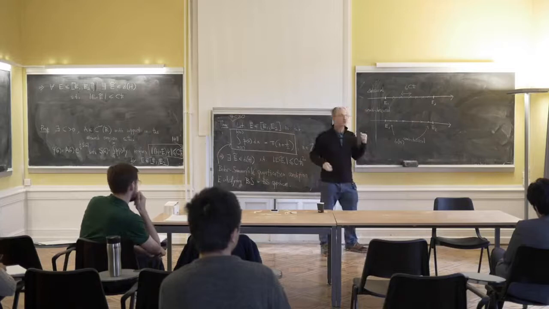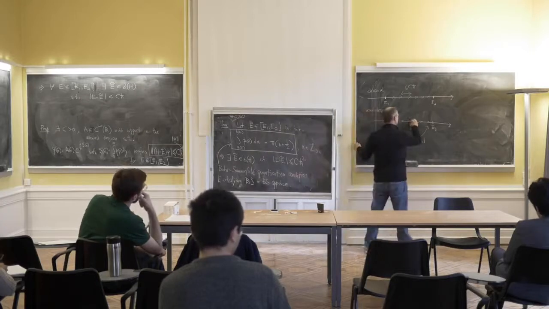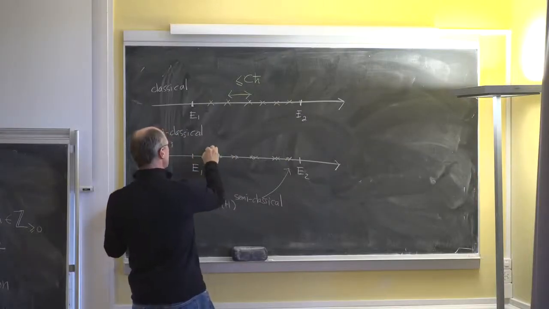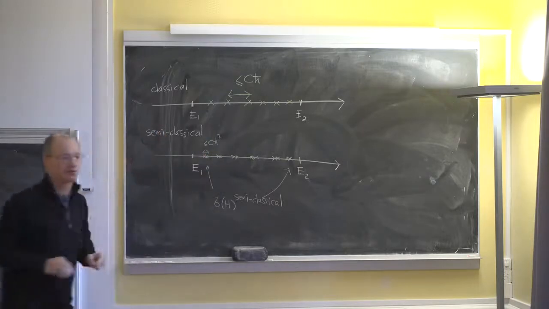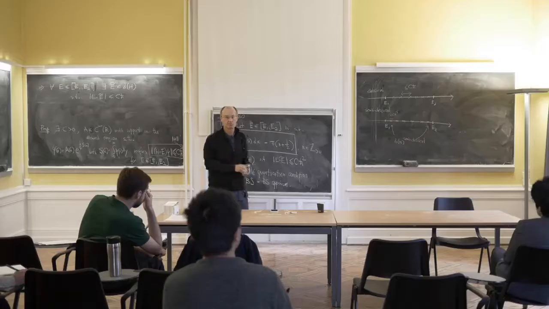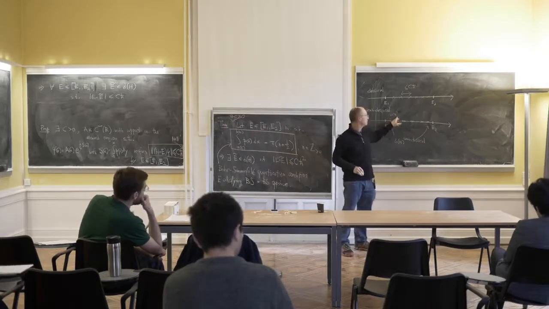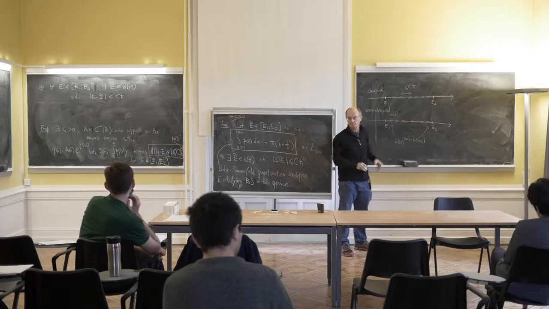Now, this theorem is saying that near each of them there is at least one, maybe more, who knows, point of the true spectrum with a distance now estimated by CH square.